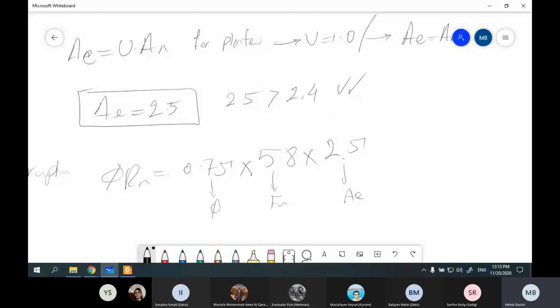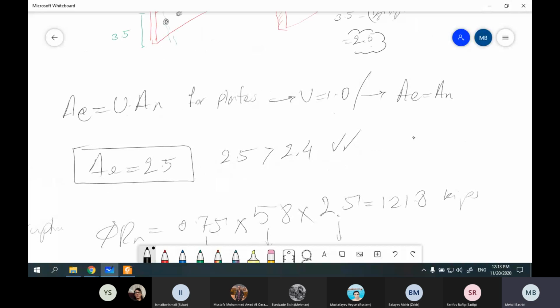What is the answer? 0.75 times 58 times 3.5 is 121.8 kips.